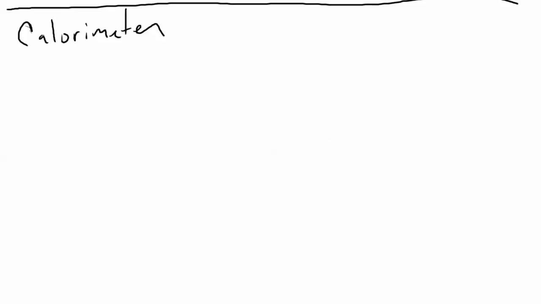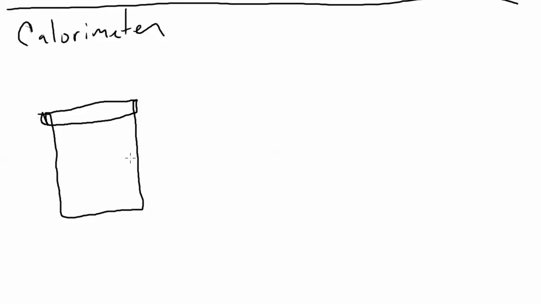Let me make sure I spelled that right. C-A-L, yep, I did spell it right. Okay, good. So a calorimeter, we can actually make one in class. It's basically an insulated vessel, like you could use a styrofoam cup. Say this is a styrofoam cup right here.